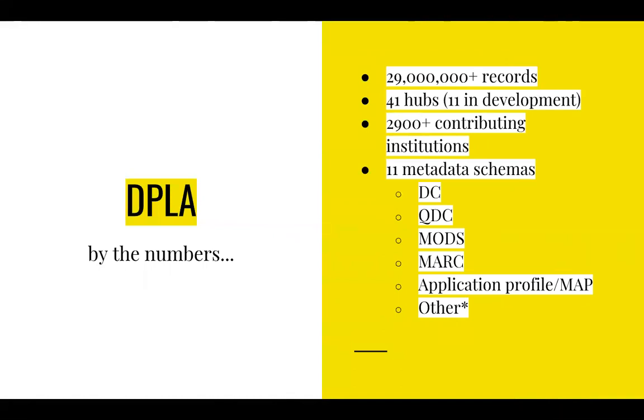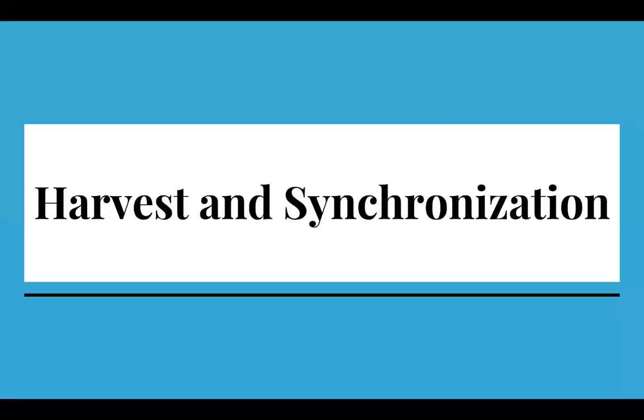We have about 3,000 contributing institutions that those service hubs in turn represent. And they give us data in 11 different metadata schema. So we're going to talk more about the metadata process, but you can see that there's just basically a lot of variety in the types of organizations and the types of data we're dealing with.